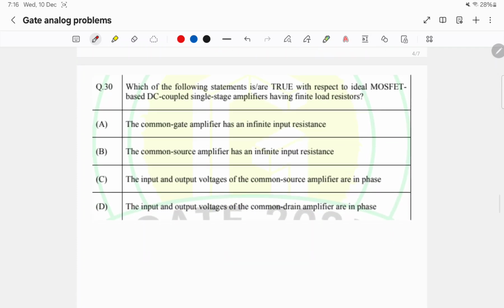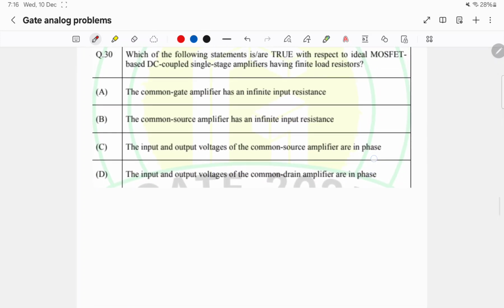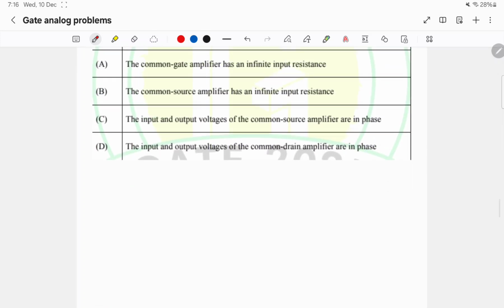And here we have another question. Which of the following statements are true with respect to ideal MOSFET based DC coupled single stage amplifiers having a finite load resistor? The common gate amplifier has an infinite input resistance.